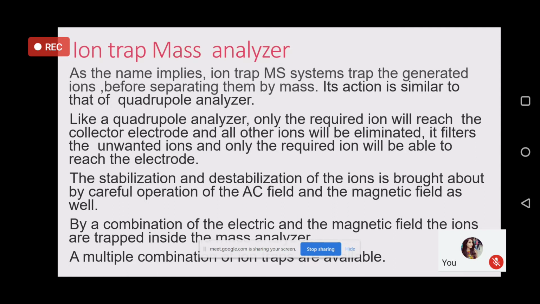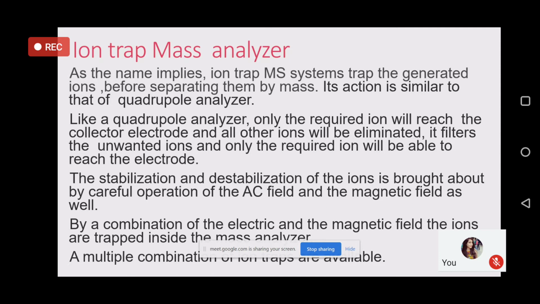I have set the conditions of the field, the direct field and the alternating radio frequency current. And therefore, as long as I have the supply of ion beam, ions with a particular value of M by Z will be moving undeflected and reaching the collector electrode. Correct? But all other ions will get deflected. So this is what we call a continuous supply. The supply is continuous.